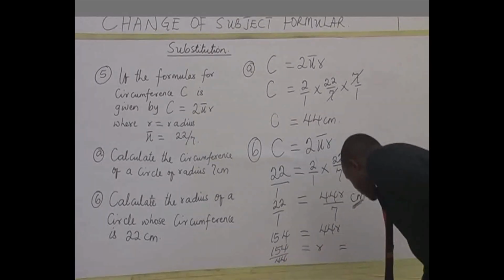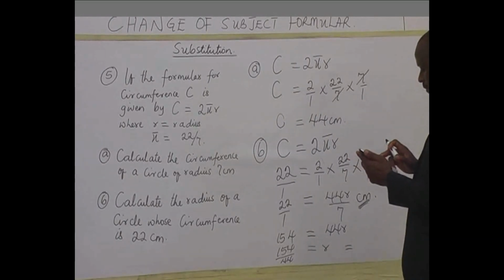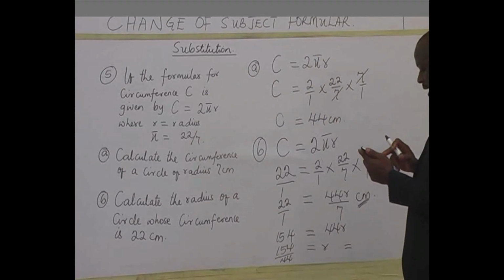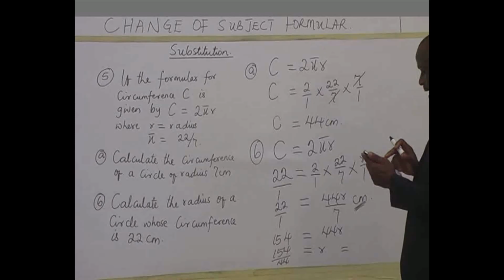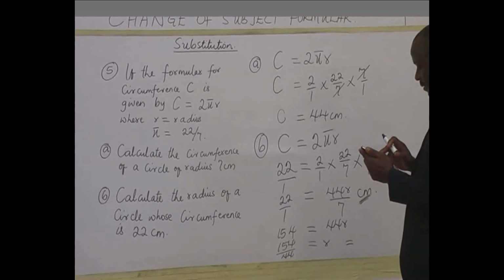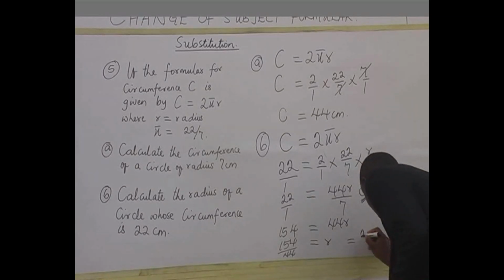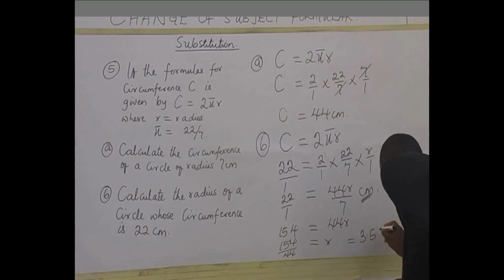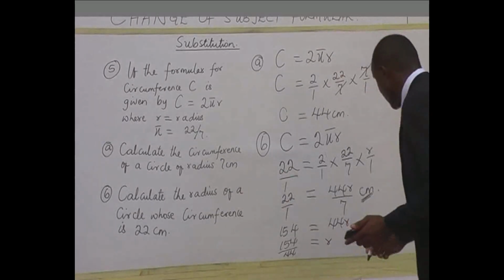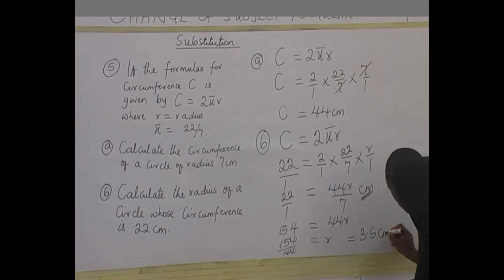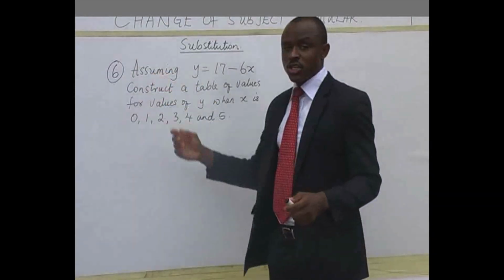And if you use a calculator and divide out, you discover that 154 divided by 44 is giving you 3.5. That means r is 3.5 centimeters, because all the values that have been given to us have been in centimeters. 3.5 centimeters.